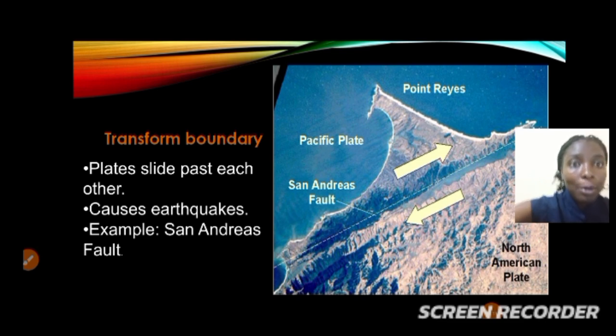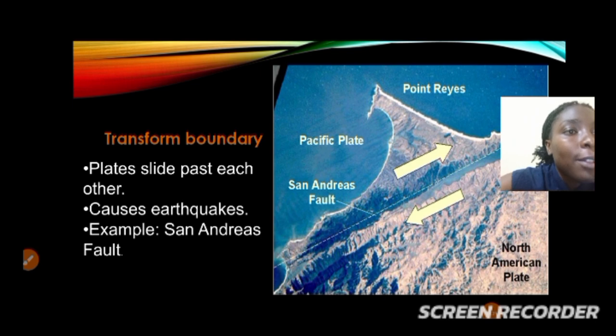So plates move past each other, which causes earthquakes. An example is the San Andreas Fault. The San Andreas Fault is formed due to the Pacific plate moving past the North American plate, and then we have an earthquake in between, forming the San Andreas Fault.